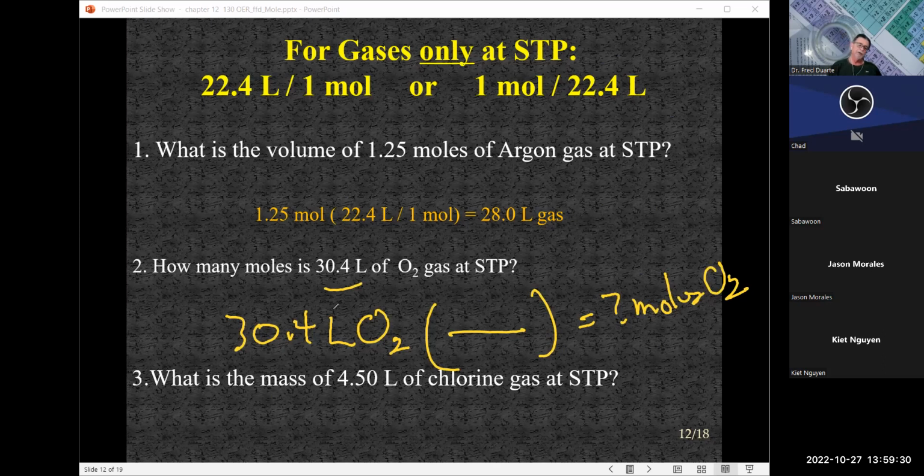We're given 30.4 liters. Well, we know that 1 mole is 22.4 liters, and so we're given 30.4. So our number should be a little bit greater than 1, right? Okay. So we set it up keeping track of my units, liters in the denominator, moles in the numerator. So you've got 1 mole over 22.4 liters.